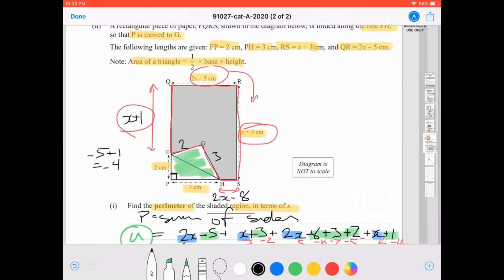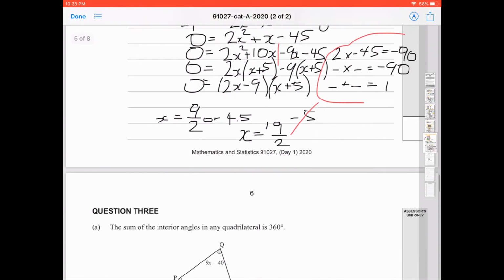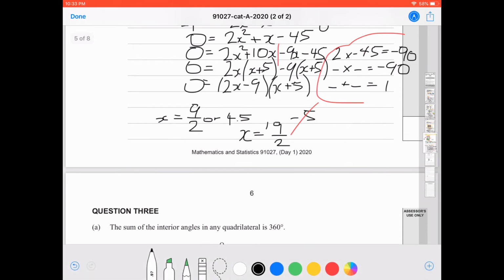That's the sort of reasoning I was getting at there. So x equals 9 over 2 or 4.5 is the only answer, and that's the correct answer, and this gets you the excellence grade.